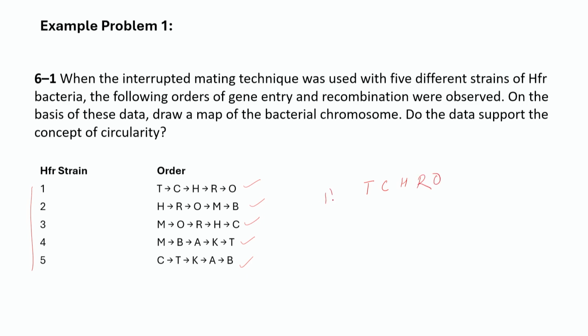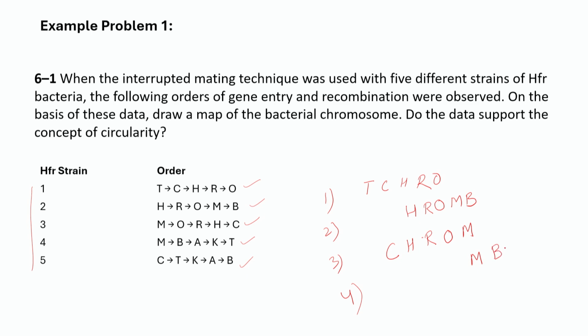So you see, if you put TCHRO for the first one, for the second, just put this exactly the same way that is matching, right? So then you have ROMB, H is also here, HROMB. For 3 is MORHC, and for 4th it is MBR.